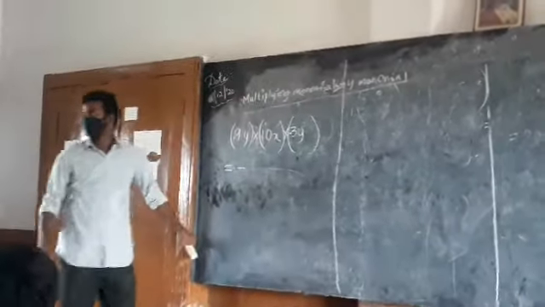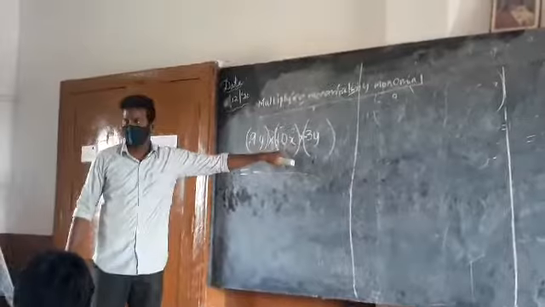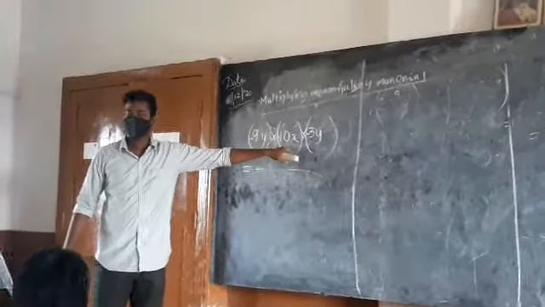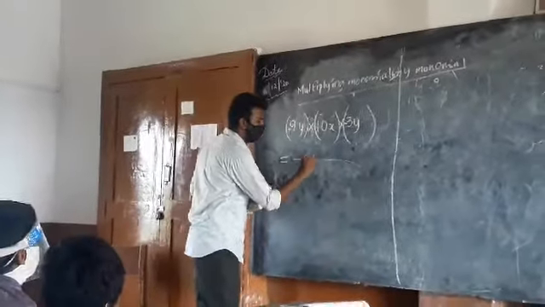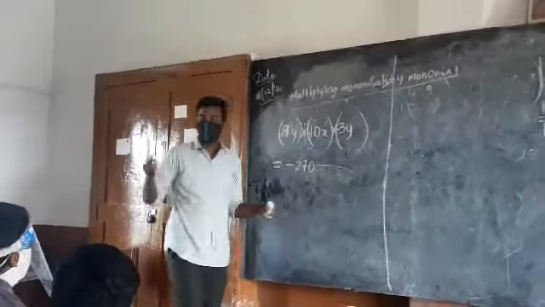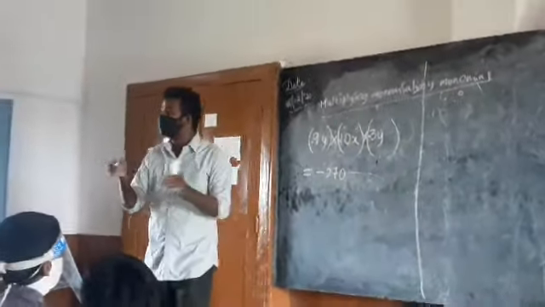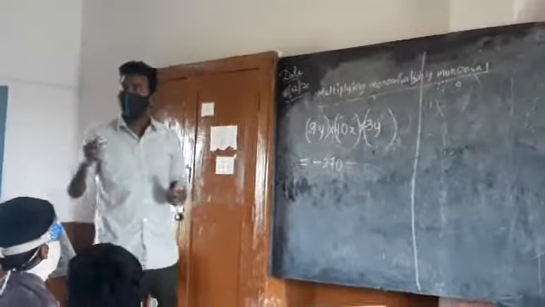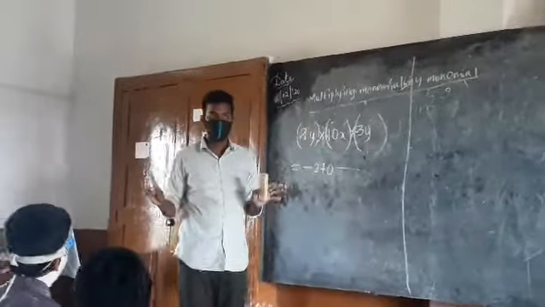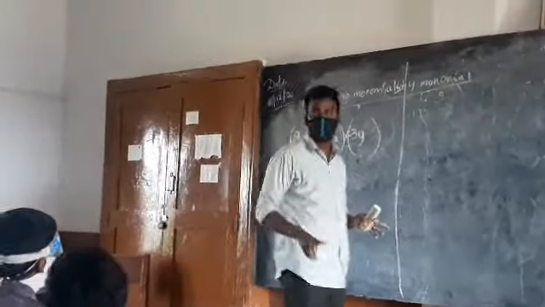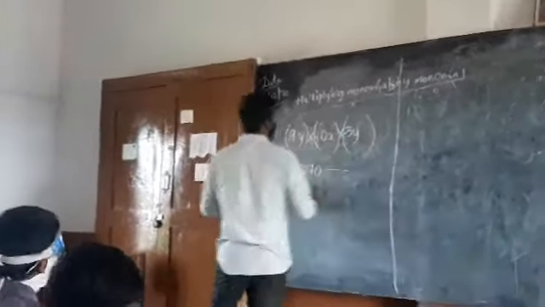Now multiply the constants. 9 times 10, 90. 90 into 3, 270. Very good. Now go for each variable. Whatever variables are there, go for each variable. Do not hurry. Do not go for 2 variables at a time. Go for 1 variable at a time. Select the variable.